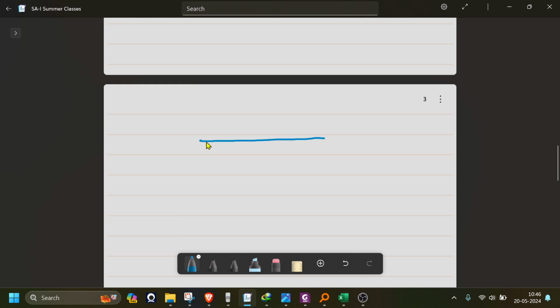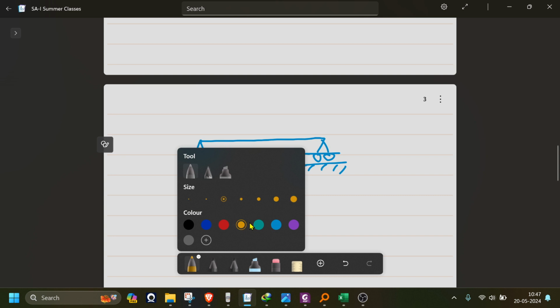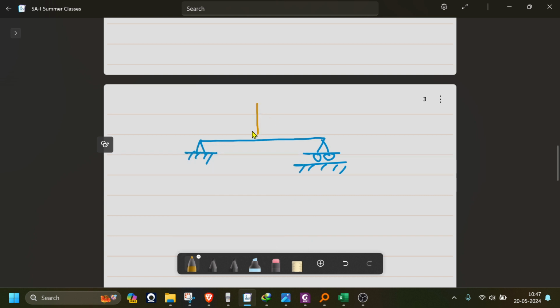Let's understand this. This is again my simply supported beam, right? What made this structure a determinate structure? Here I have a point at a distance of L by 2, right?